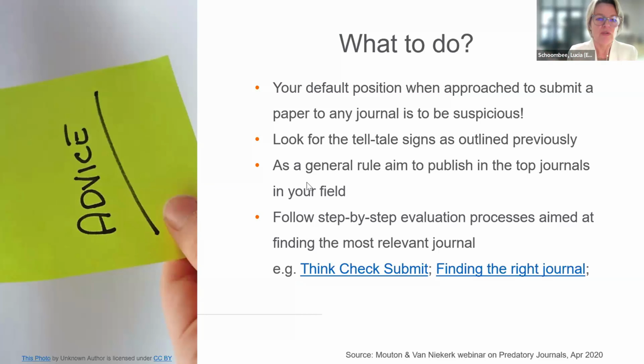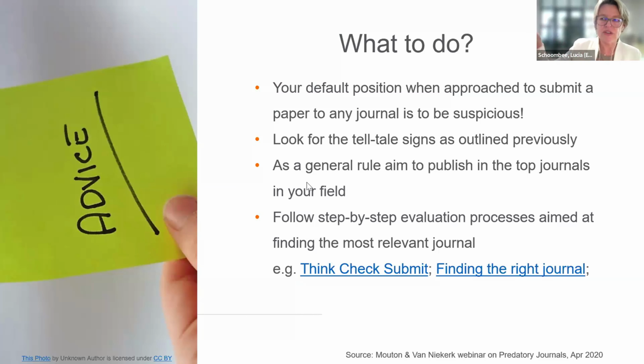And then as a general rule, aim to publish in the top journals in your field. And what we mean by that is there are some organizations, one of them is Think, Check, and Submit. We also, within Elsevier, have guidance in terms of finding the right journal.